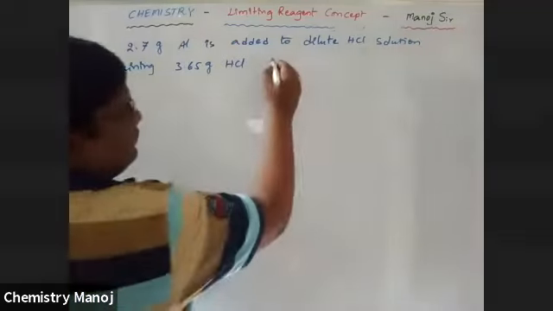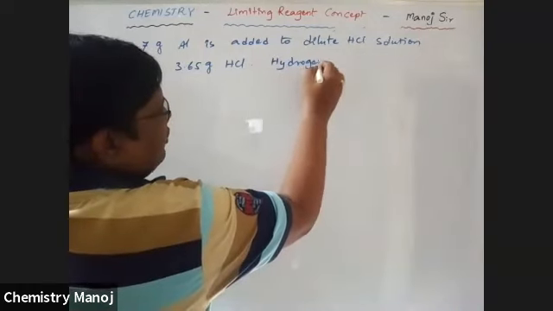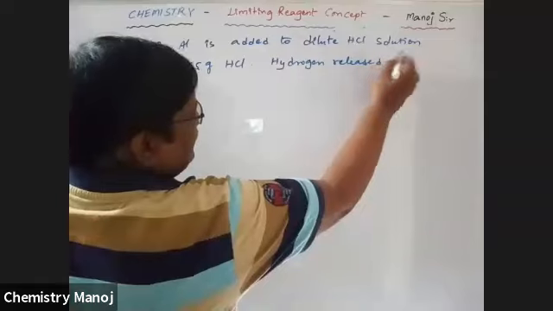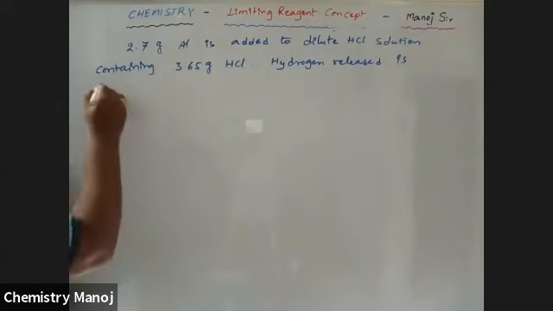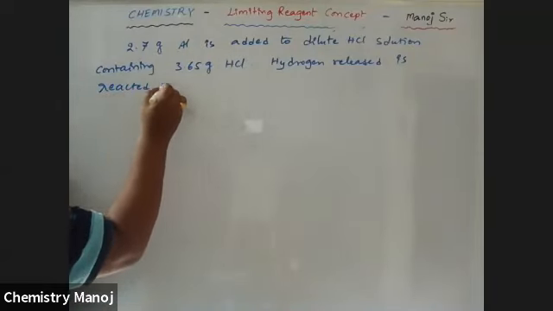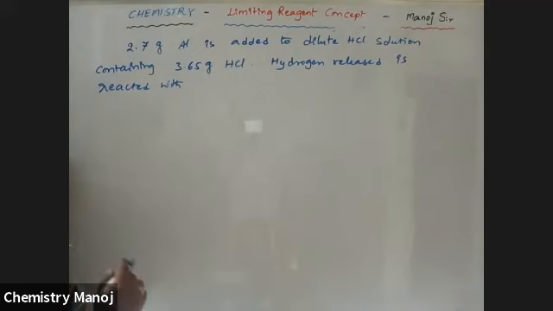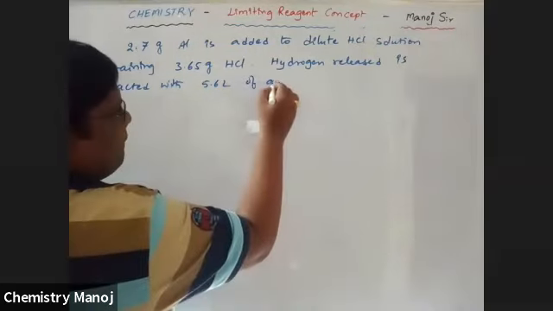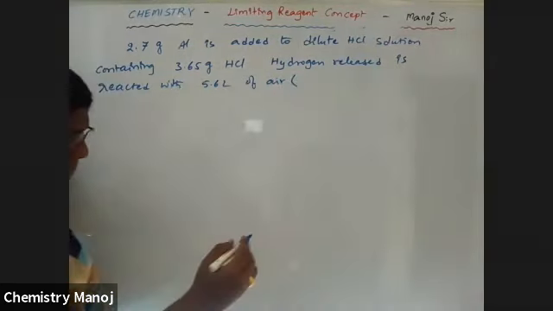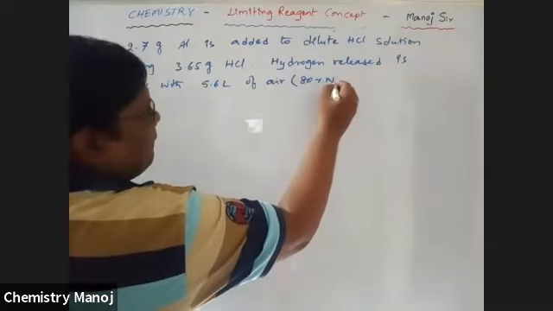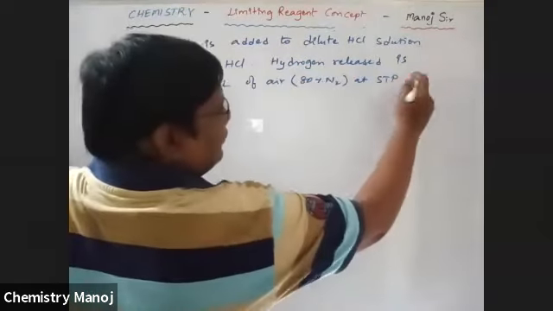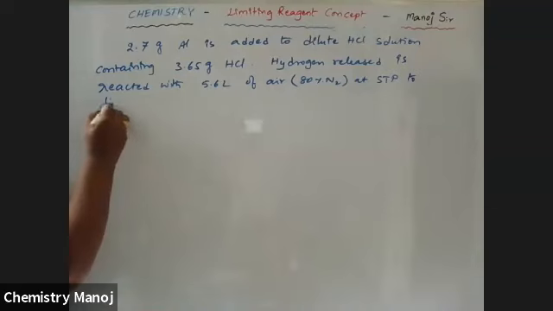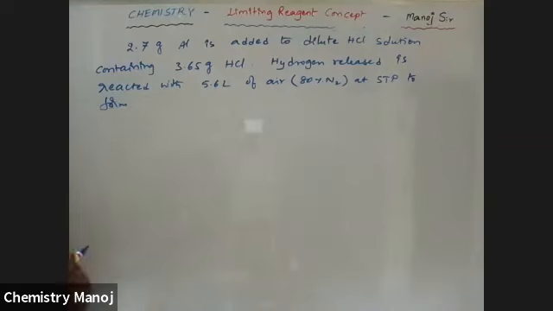Hydrogen released is reacted with 5.6 liters of air having 80% N2 at STP to form ammonia.